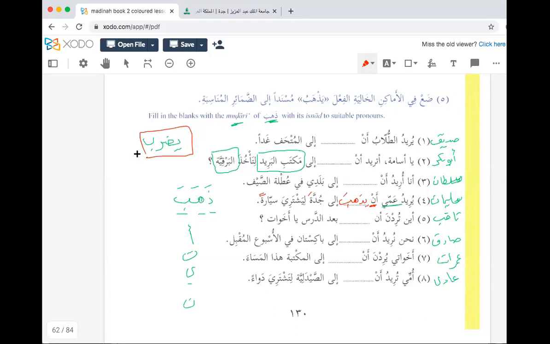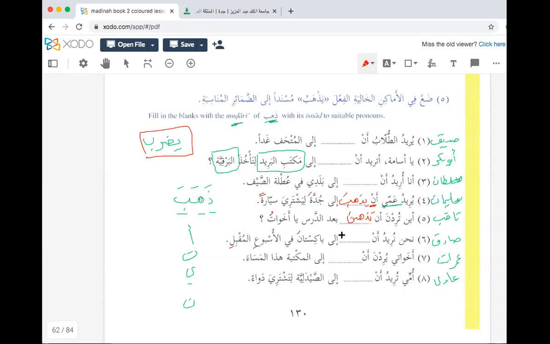طيب حياكم الله أخي. Okay, now it has to be mansub because of an الناصبة. ثاقب, number 5 please. الخامس. أين تريدن أن تذهبن بعد الدرس يا أخوات؟ أحسنت. يا أخوات. صادق. نحن نريد أن نذهب إلى باكستان في الأسبوع المقبل. أحسنت. في الأسبوع المقبل.